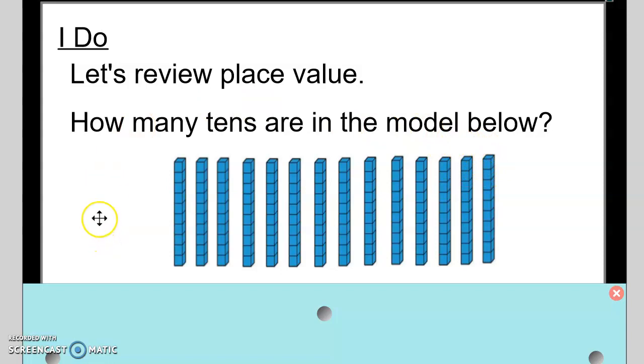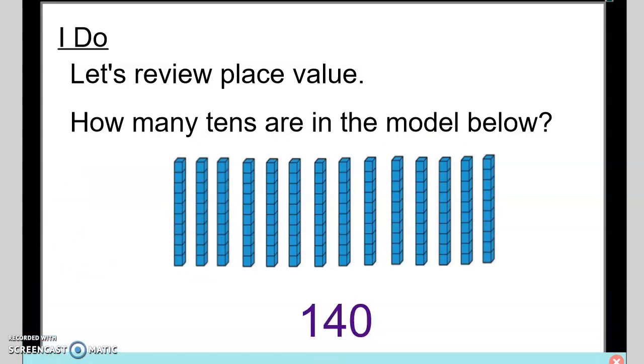So I wonder what that is if I count all that up. Let's count by tens. 10, 20, 30, 40, 50, 60, 70, 80, 90, 100. Counting by tens, so 100, 110, 120, 130, 140. That is a lot. Let's see if I counted correctly.